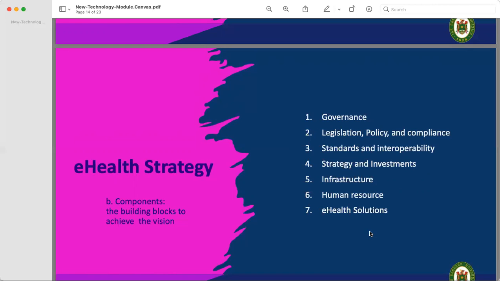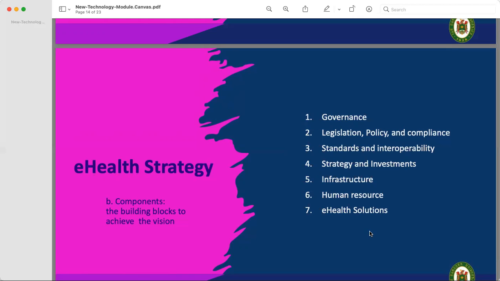Also, standards are very important to be clear, so the users and consumers would be guided, of these standards and interoperability. So the different institutions, different users and consumers would know how to act in the course of employing the health technology and healthcare.